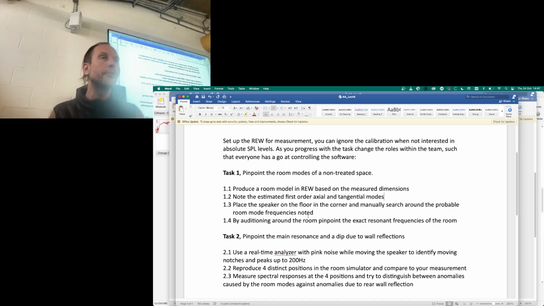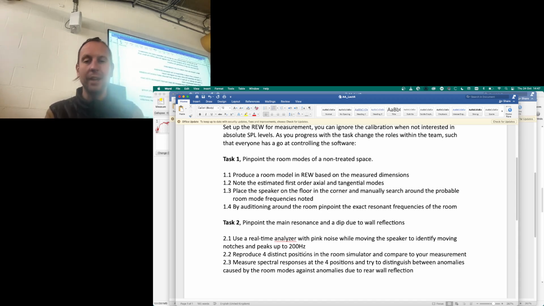Okay, so this is the first half, figure out the modes of the room, and then the second half will be this dipping and potentially peaking, but I've just put in dipping for now. Obviously, I've already seen groups go further than what is specified. You're always welcome to. But as a basic exercise, let us try to identify these dips.